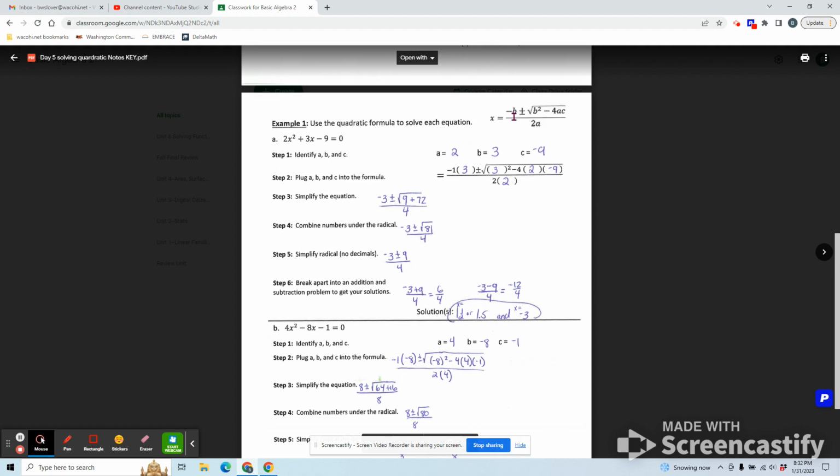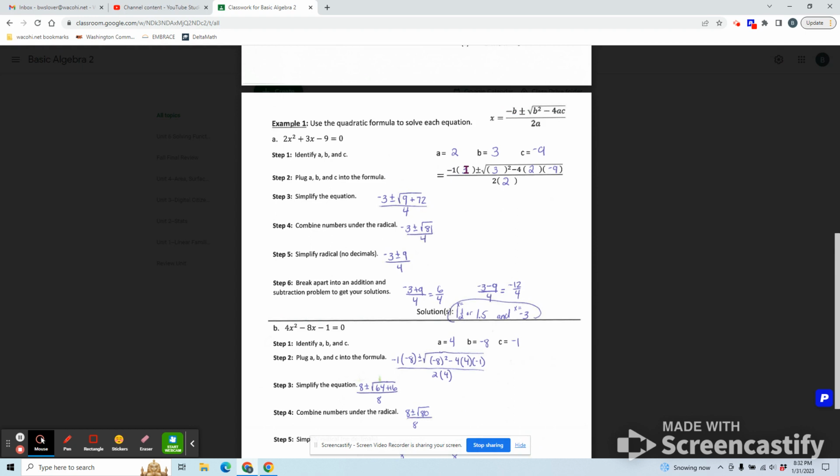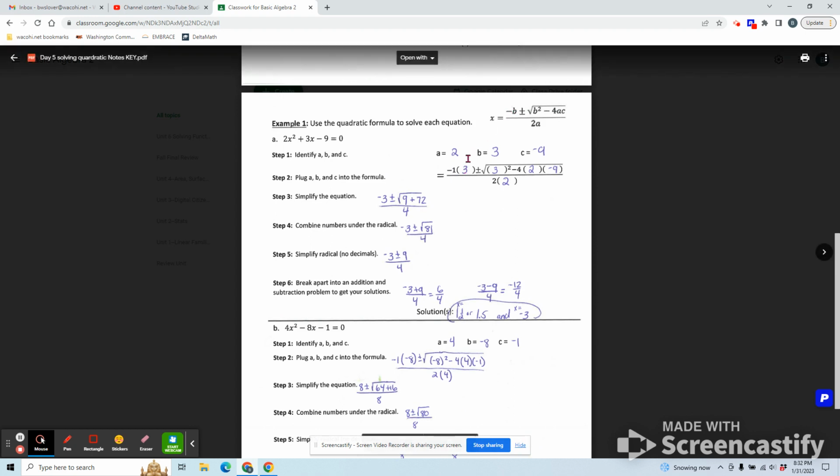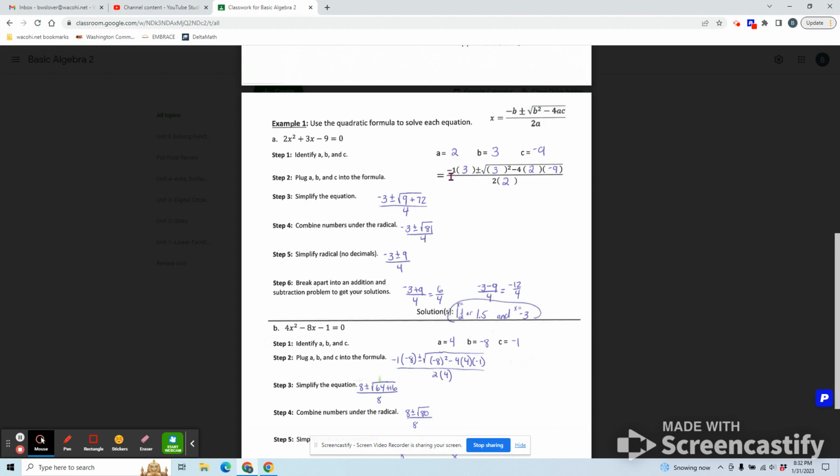And once again, I talked about how here I have negative B, but over here I have a -1 times B. I don't care which one you use. I just found that students have more success when they take -1 times B. So -1 times B plus or minus the square root of B squared minus 4 times A times C. Plug it all in, start simplifying using my calculator.